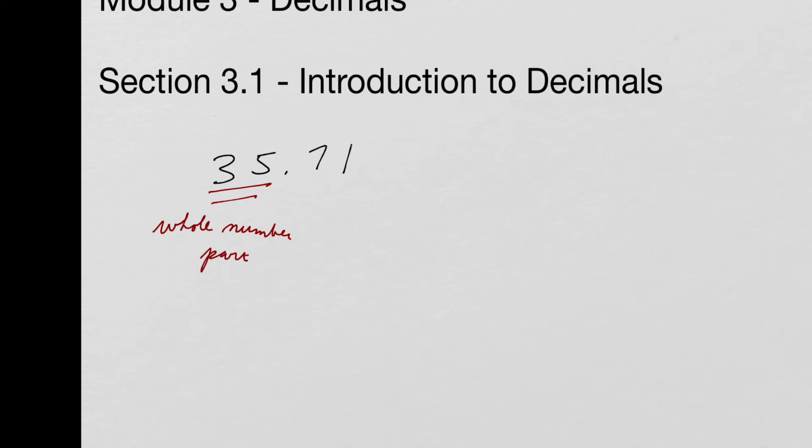Then of course we have the decimal point. And then to the right of the decimal is going to be the fractional part. So the 71 here is a fractional part.